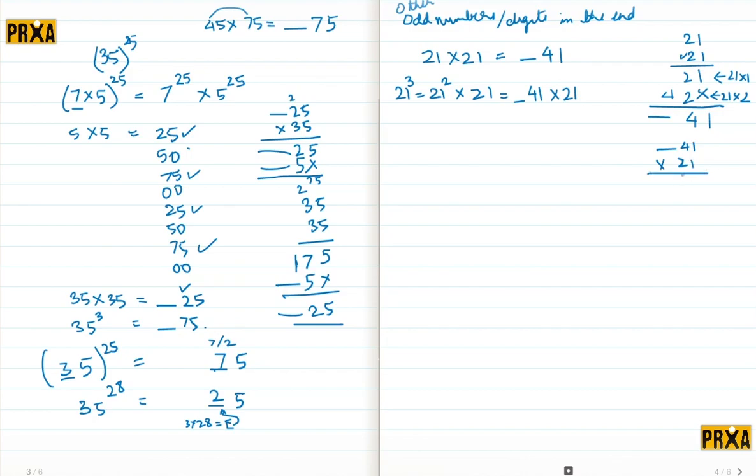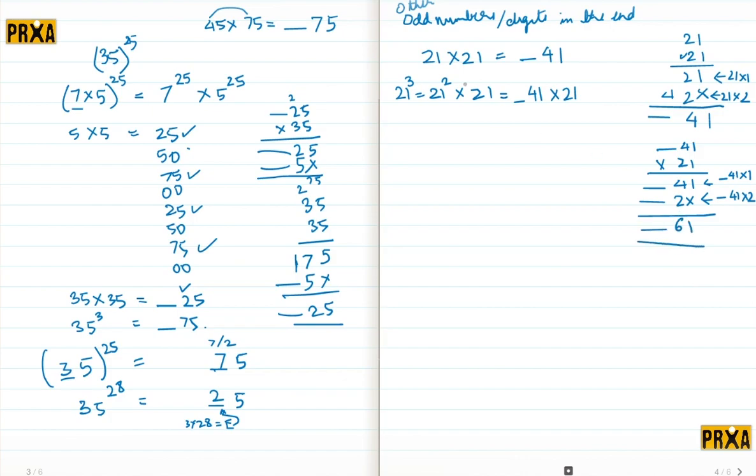So the last 2 digits, this is something 4 1 times 1, and I get something 4 1 here. Put a cross here, and this becomes something 4 1 times 2. Therefore I get 2 1, the 2, and then I ignore everything else. So what do I get? I get a 6 1.